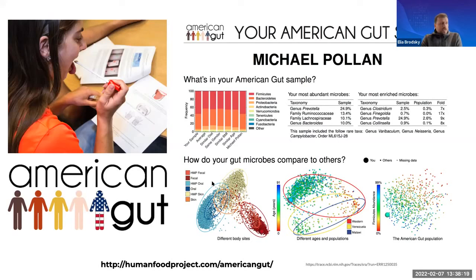Down below, you'll see how different sites compare, where HMP stands for Human Microbiome Project. That's where we get the reference: how does this compare to the population? How can we compare to other sources of information from different body sites, different ages and populations, and the American Gut population?